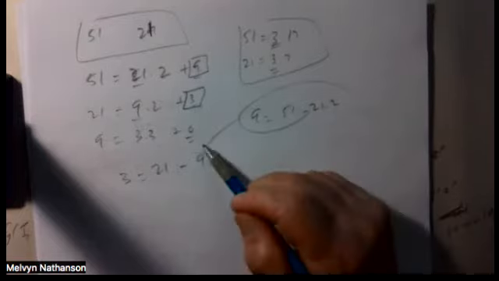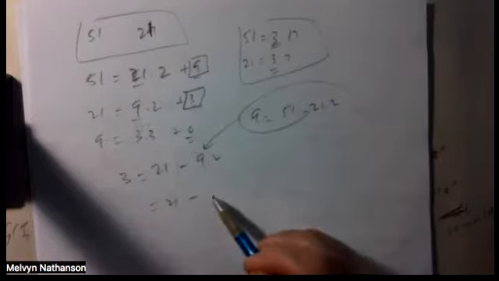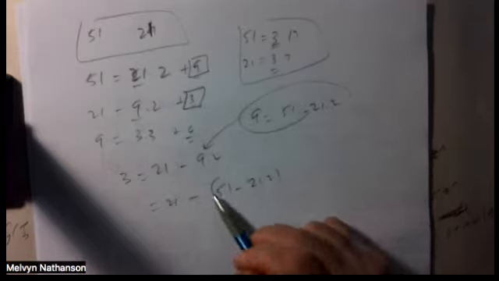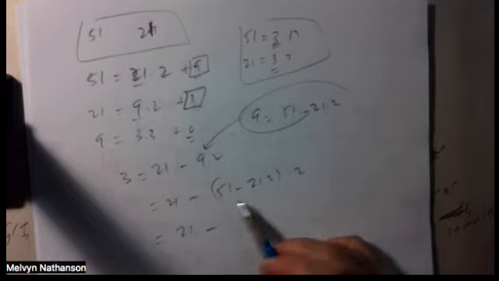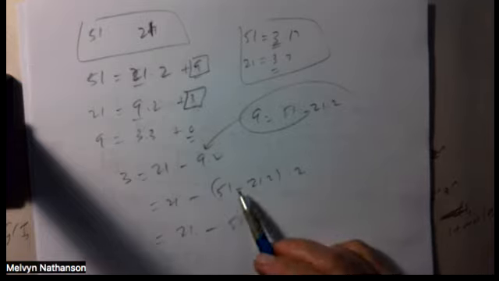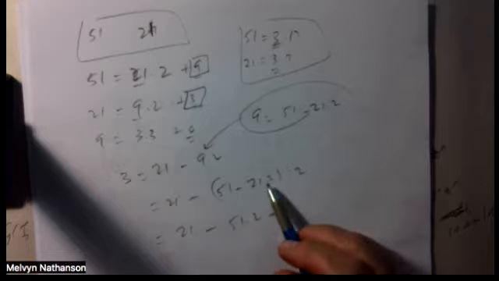So plug this in here. You get 21 minus (51 minus 21 times 2) times 2. That's 21 minus 51 times 2, and minus times minus is plus, 21 times 2 times 2, that's 21 times 4. 21 plus 21 times 4 is 21 times 5 minus 51 times 2.